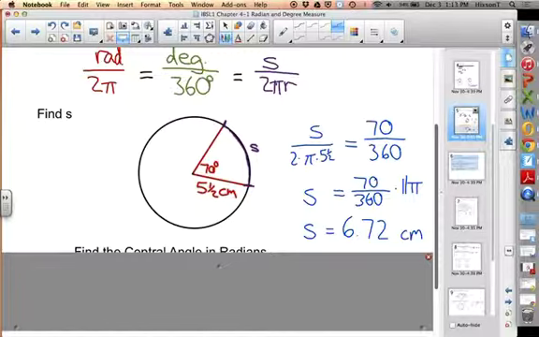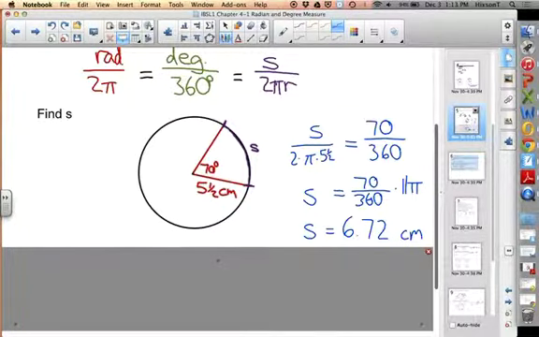If I saw a problem on the homework with this, if s was not this space right there, but the rest of the circle, how would you find that? That's a good question. If s were over here, you could do this one of two ways. You could do what we did, but it wouldn't give you s, it would give you this, and then subtract that from the whole circumference.